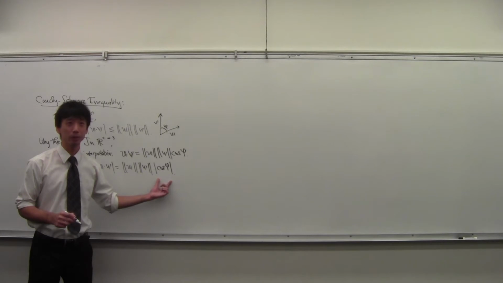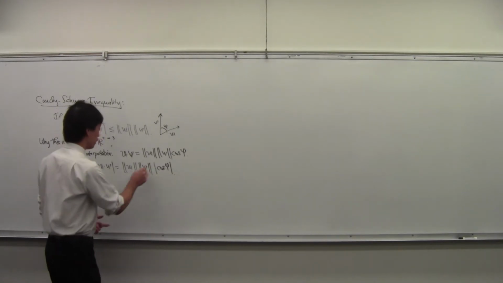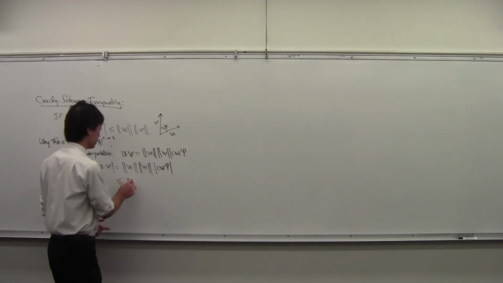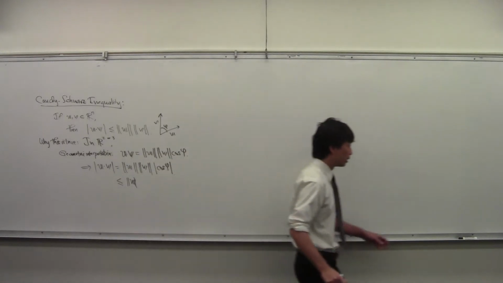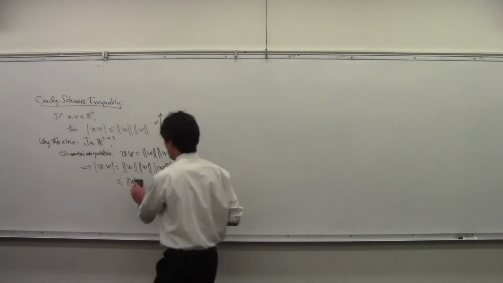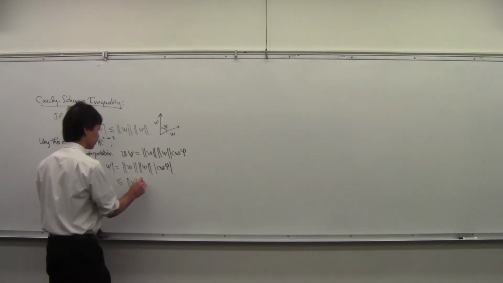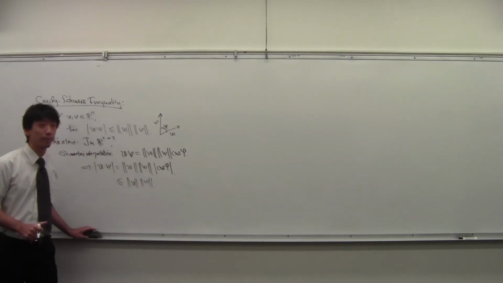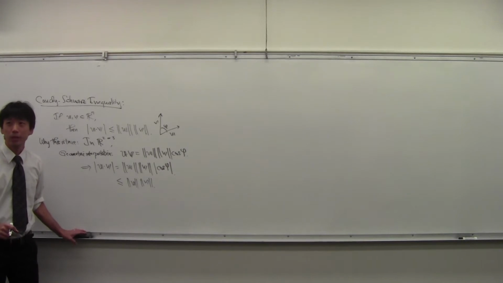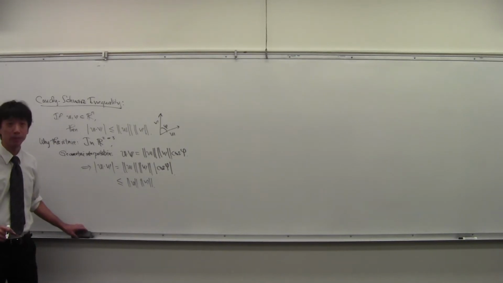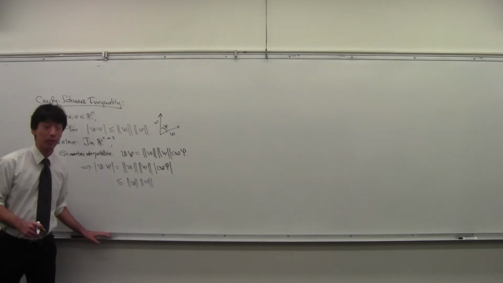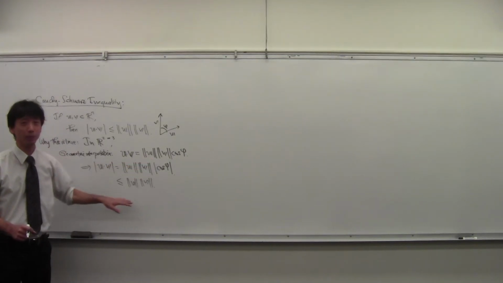At most, it's going to be 1, right? So this is less than or equal to the product of the magnitudes. Okay. So in Euclidean space, at least in 2 or 3 dimensions, this statement is pretty clear. You just use the law of cosines to get the geometric interpretation.